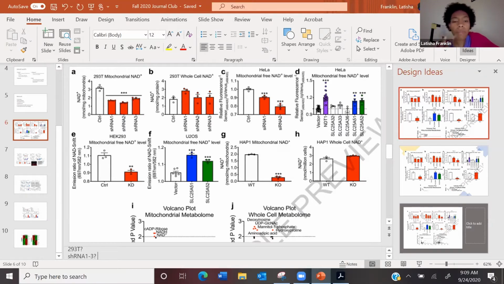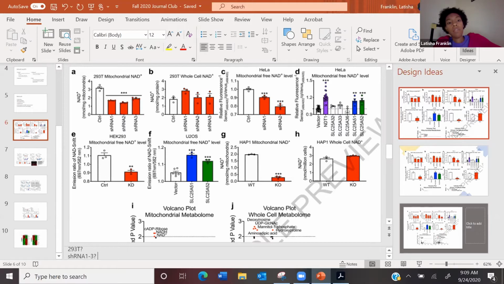But their statistics did not come out as significant. So I'm pretty sure the claim they're going to make from these 2 panels is that when you knock down these shRNAs, in the mitochondria you get a significantly decreased amount of NAD, but there is no impact in the whole cell.